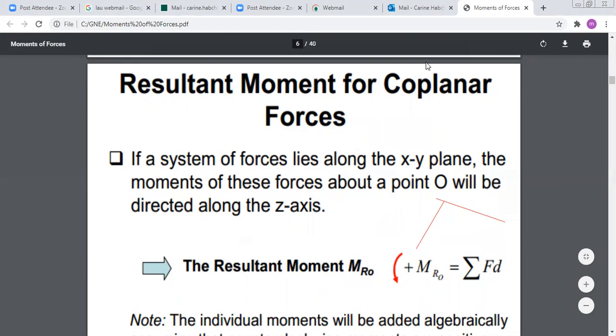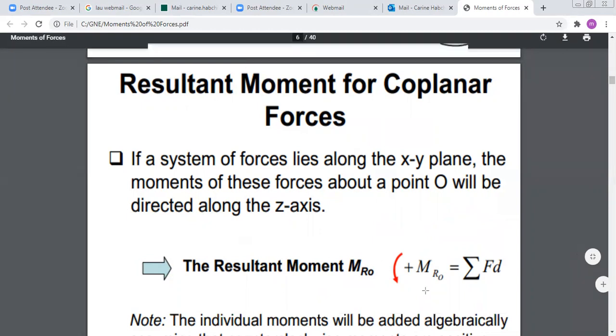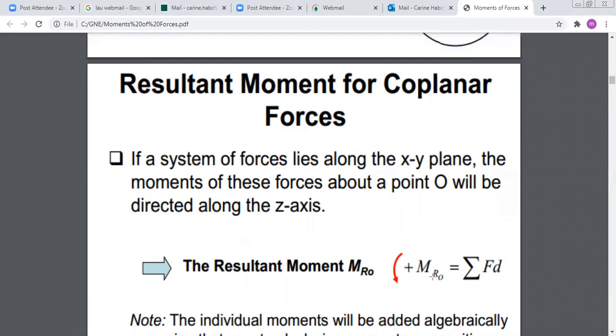You mention the positive convention when you write the equation. When you write the resultant moment equal to the summation of all moments, you put this symbol, which tells you what is the positive direction you will consider.